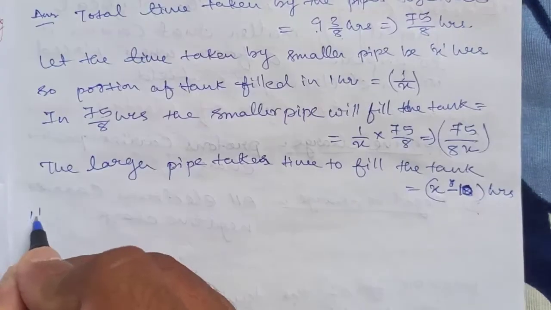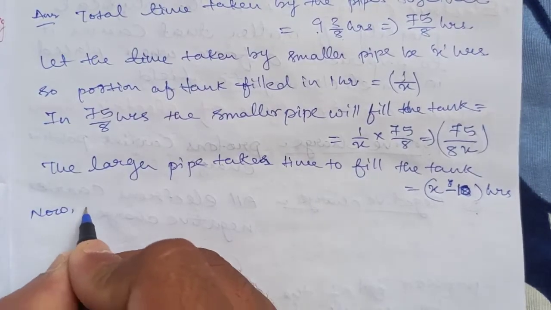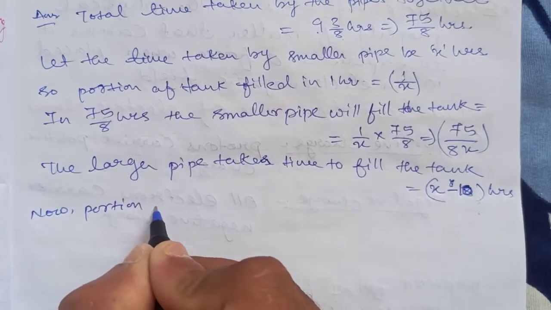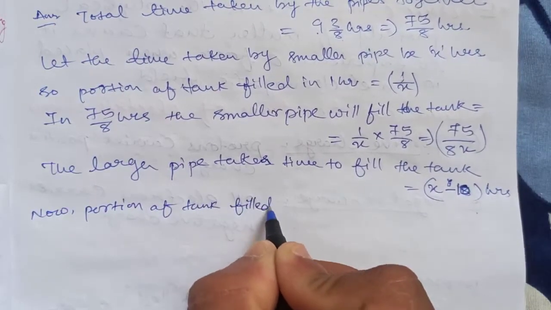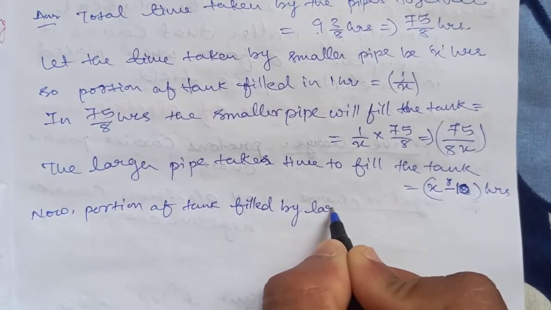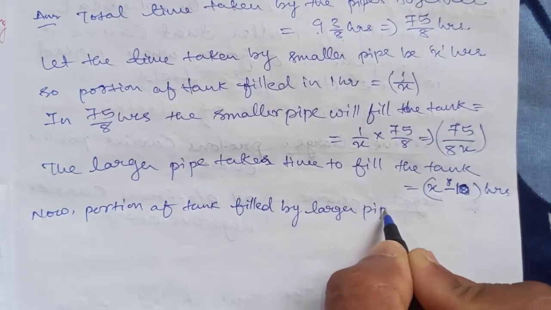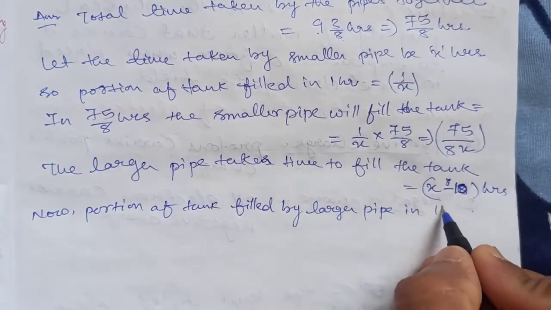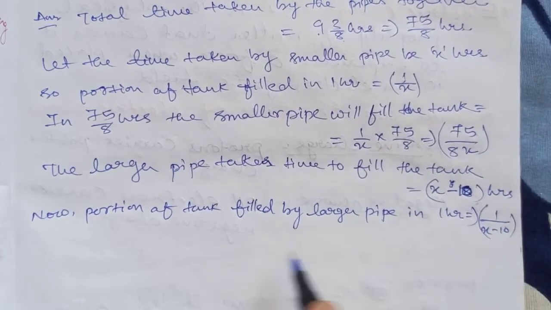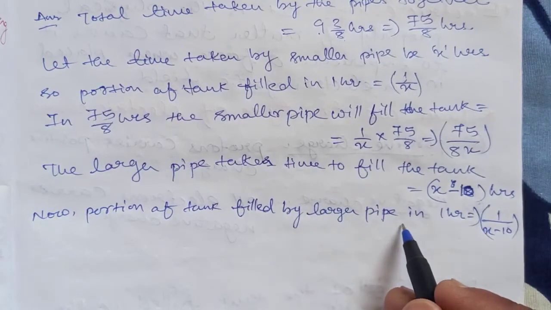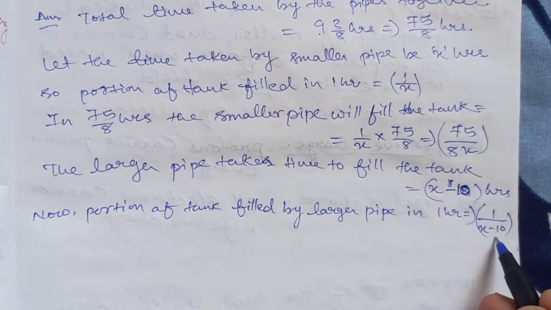Okay, now the portion of the tank filled by the larger pipe in 1 hour will be 1 by x minus 10.